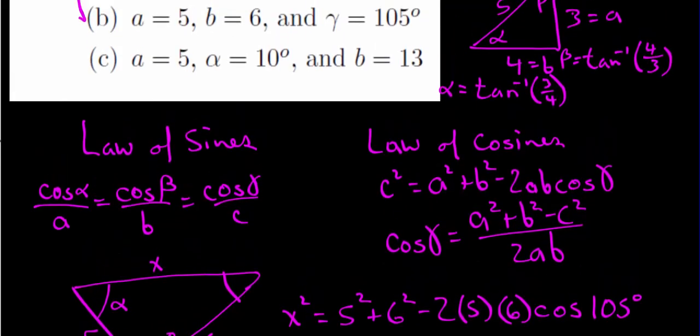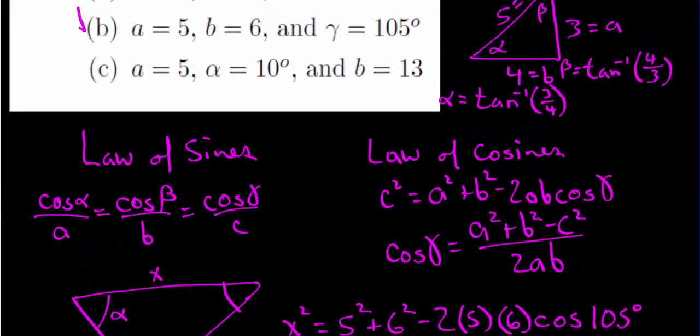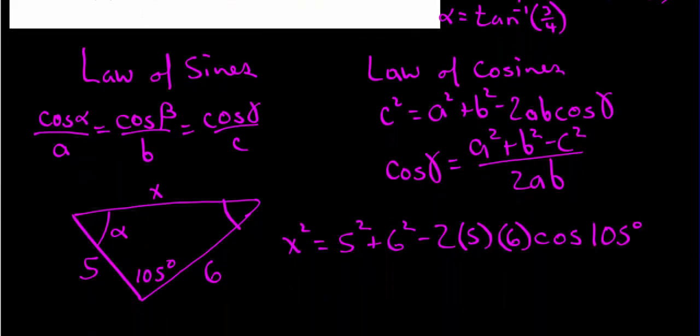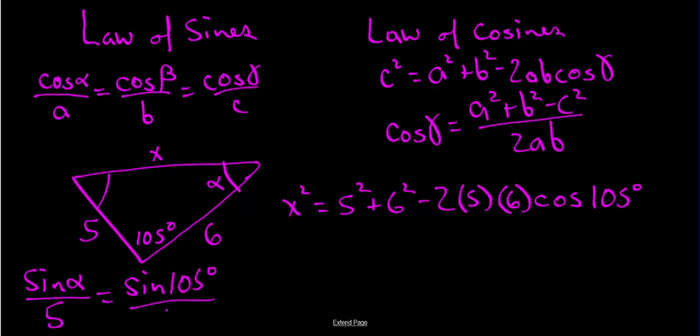This would be angle alpha over here. So if I wanted to solve for angle alpha, I could go sine alpha over 5 equals sine 105 over x, like that.